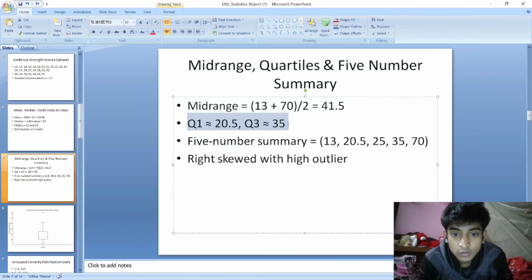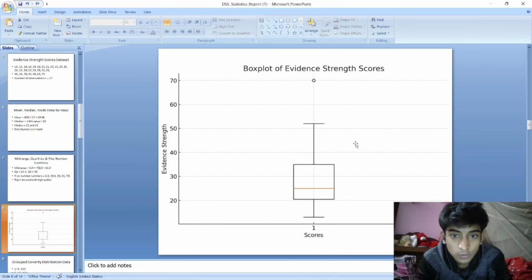After finding the quartiles, we can generate the five number summary, which is the minimum, maximum, quartile 1, quartile 2, and quartile 3. This is the five number summary of any given dataset, right? And we will plot a box plot for this.